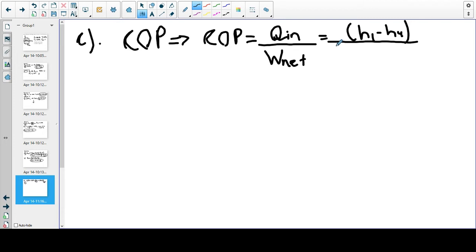You must show that it should be H3 minus H4 minus H2 minus H1. But if you do it like this, you will get a negative COP.